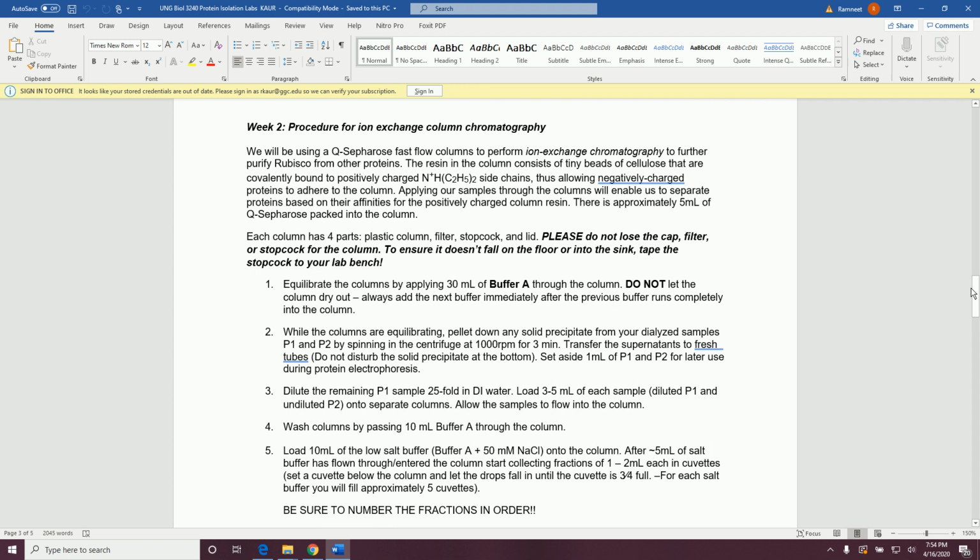We would have passed P1 and P2 over an ion exchange column. Now what's the ion exchange column?